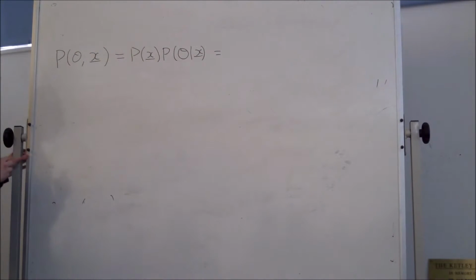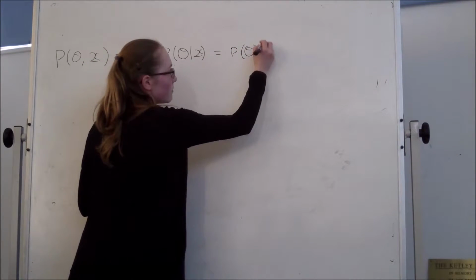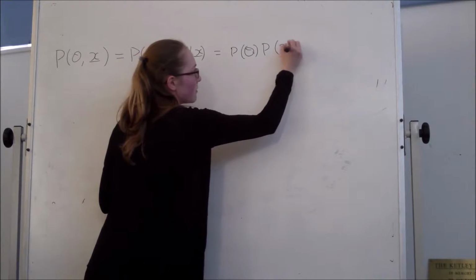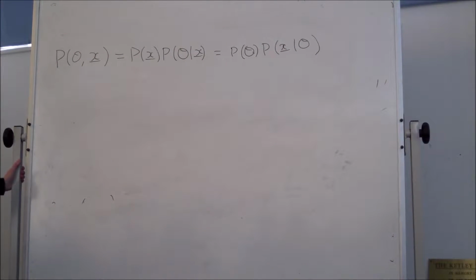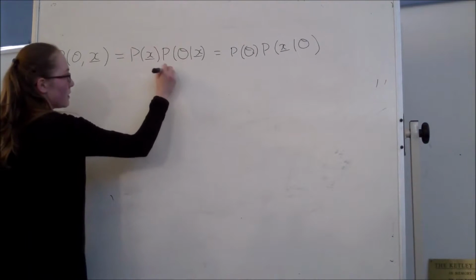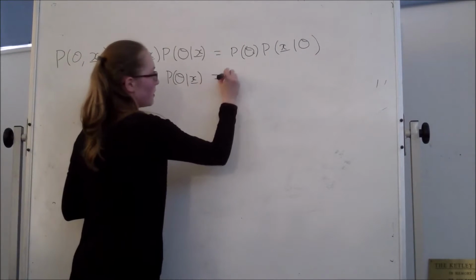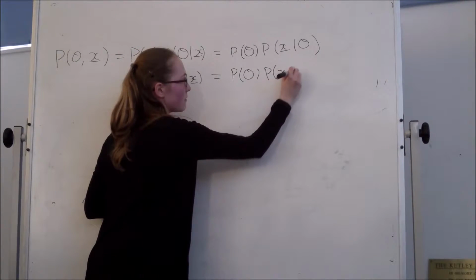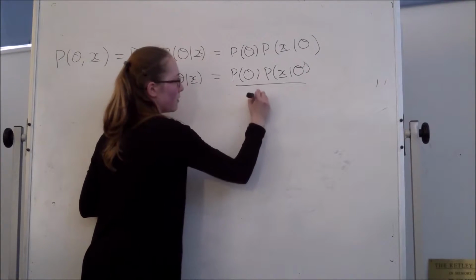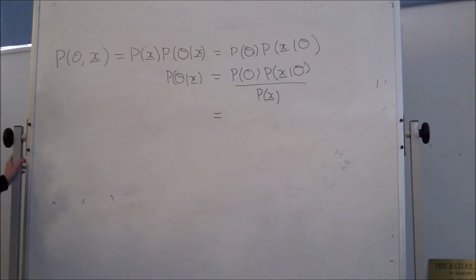And then that's the same as the probability of theta times the probability of x given theta. And then we're going to divide both of these by the probability of x. So we get the probability of theta given x is the probability of theta times the probability of x given theta divided by the probability of x.